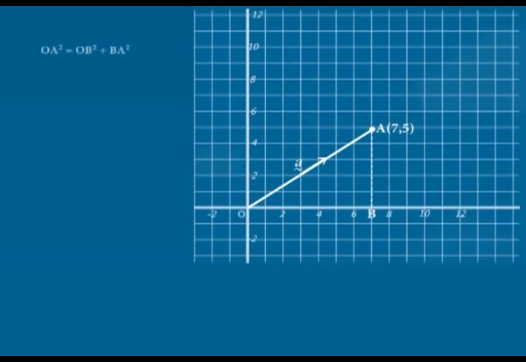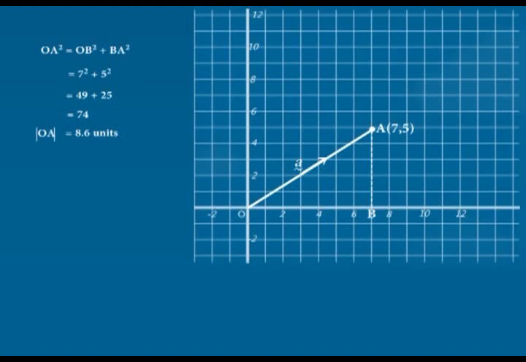So we have OA squared is equal to OB squared plus BA squared. That is equal to 7 squared plus 5 squared, giving us 74. OA is equal to the square root of 74, and that gives us modulus of OA is equal to 8.6 units.